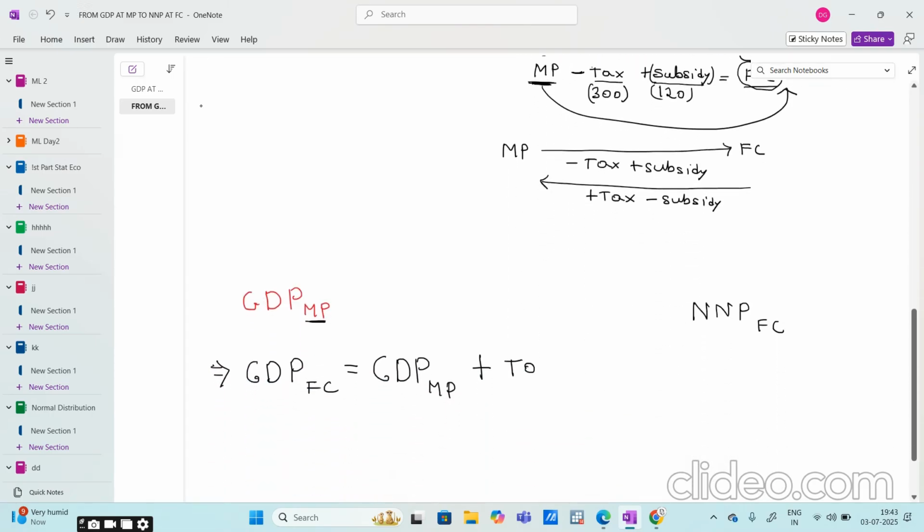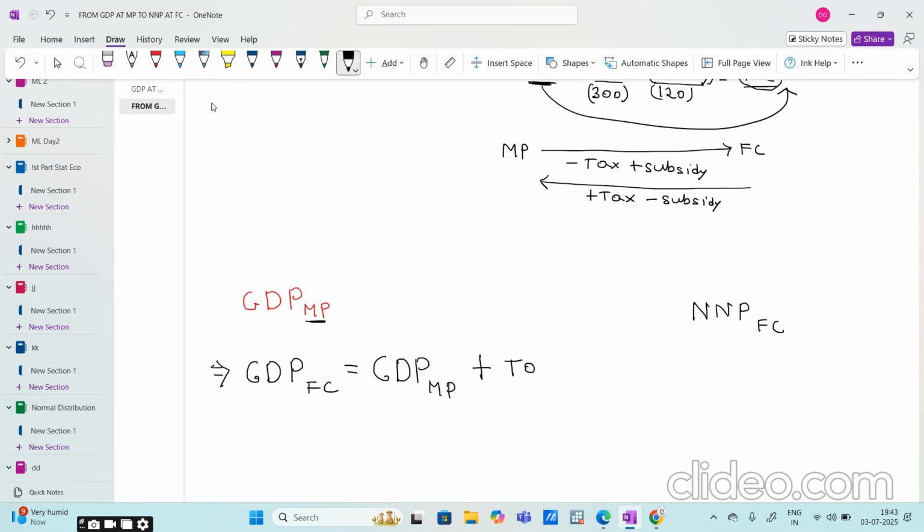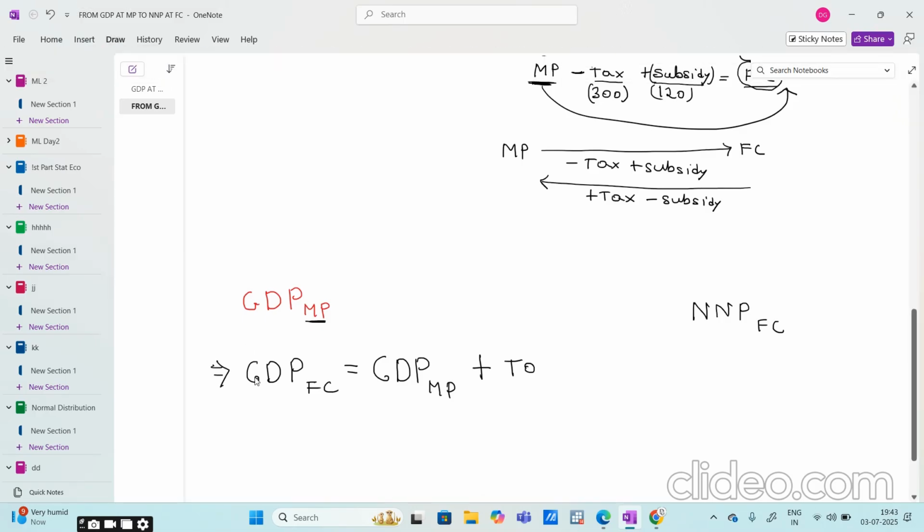So we will subtract tax and we will add subsidy. That is what we have done here also. Now we have reached GDP at factor cost.